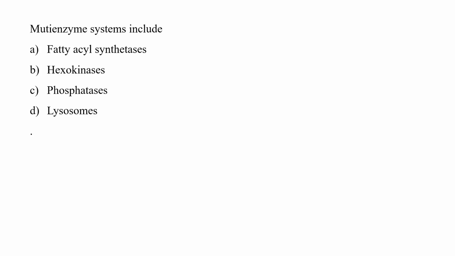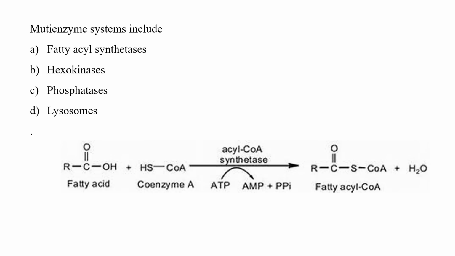Multi-enzyme systems include fatty acyl synthetases, hexokinases, phosphatases, or lysosomes. Fatty acyl CoA synthetase is a multi-subunit enzyme which catalyzes the ATP-dependent formation of fatty acyl CoA from free fatty acid. This step actually prepares fatty acid to yield ATP by using beta oxidation process.